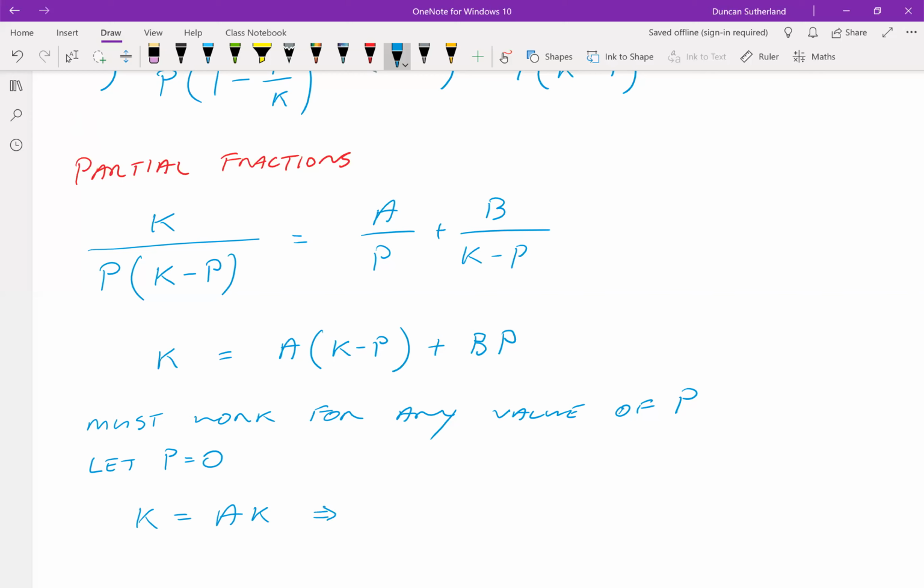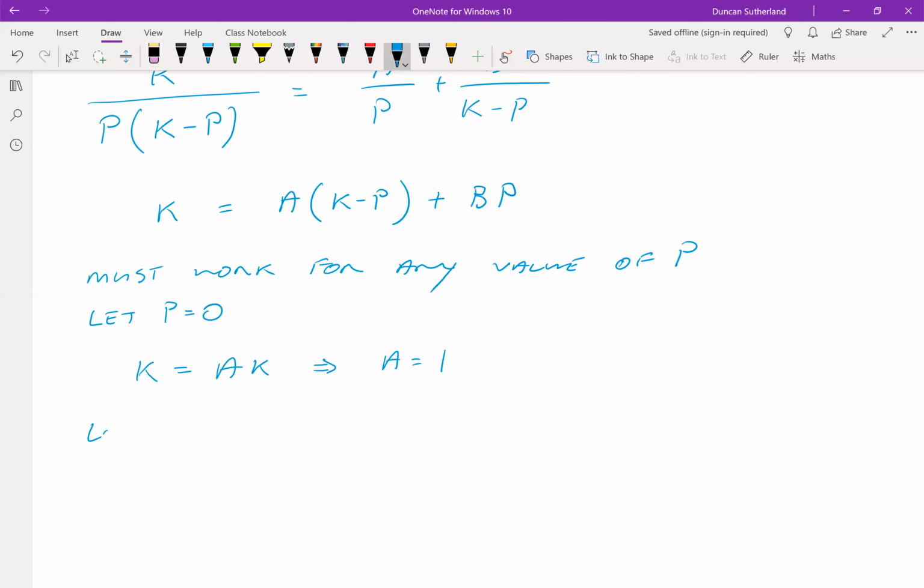That implies A equals 1 when we divide through by K. Okay, let p equal K now. So this factor disappears. We've got K equals A times (K minus K), that's 0, so the A term disappears, and I'm left with BK. And that implies that B is equal to 1.